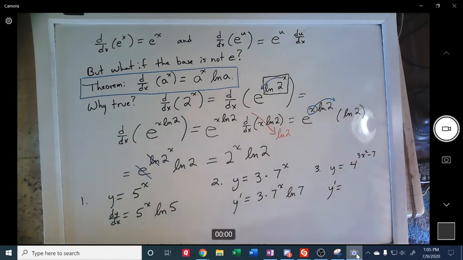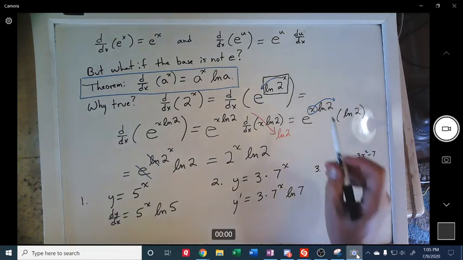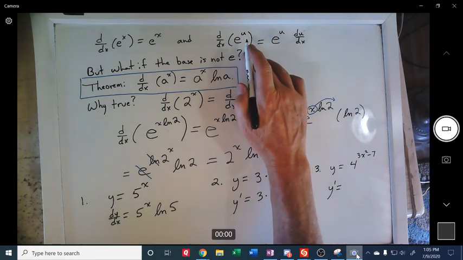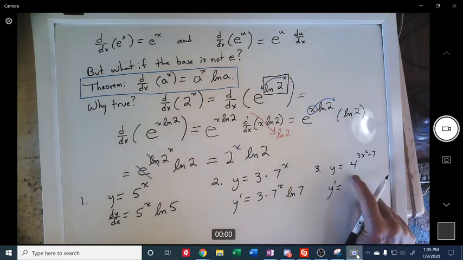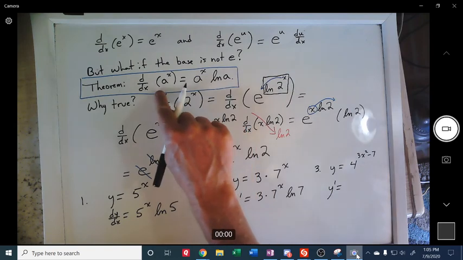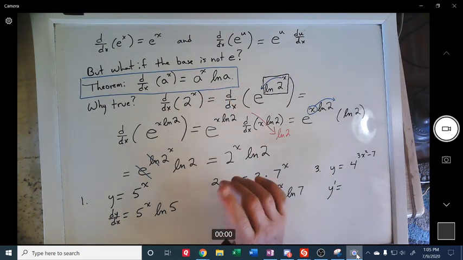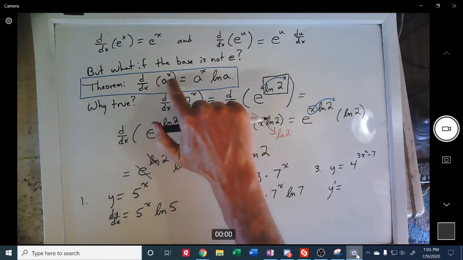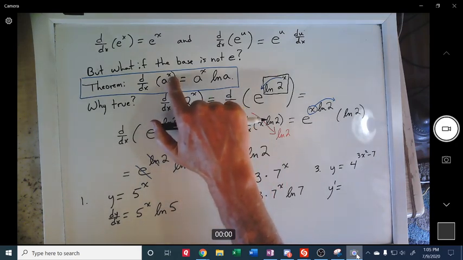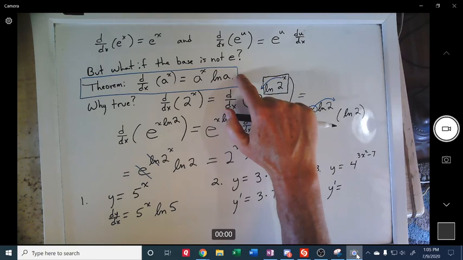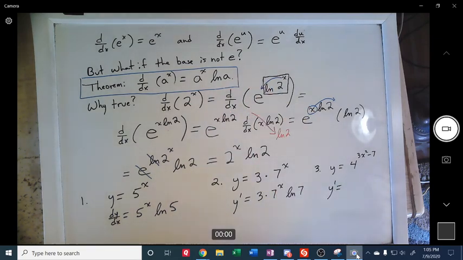Okay, so this is this right here, but it's now a, and it's the same theorem. But remember we talked about generalizing. Any of these theorems can be generalized where this x could be replaced with u, and then you'd have an extra du dx at the back end.